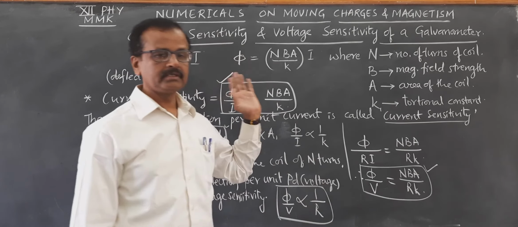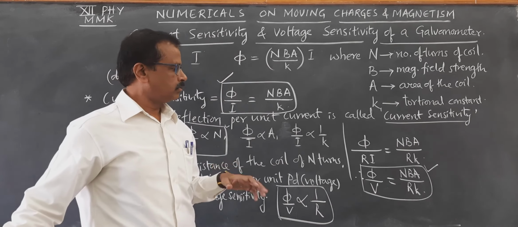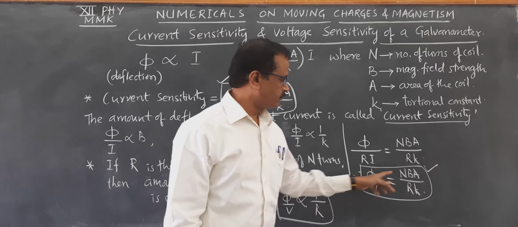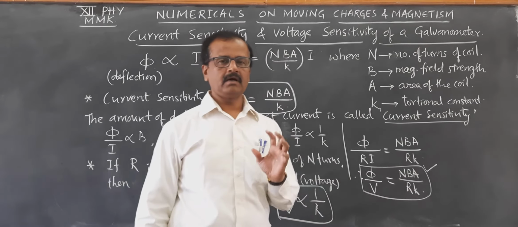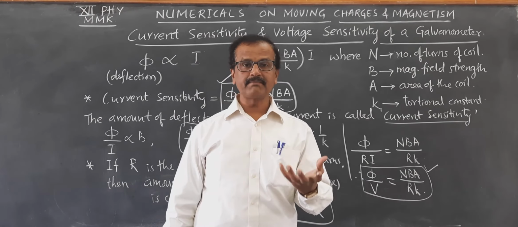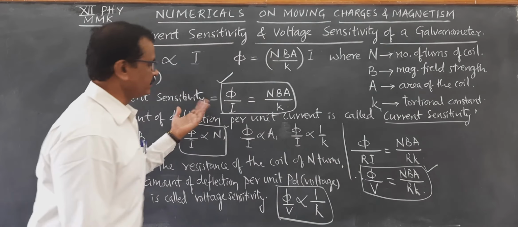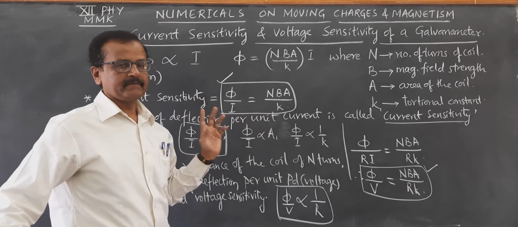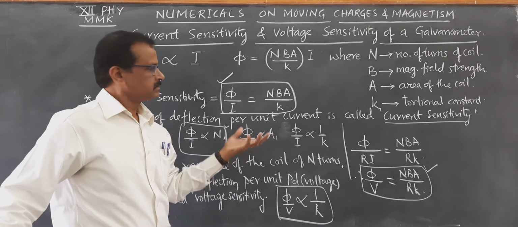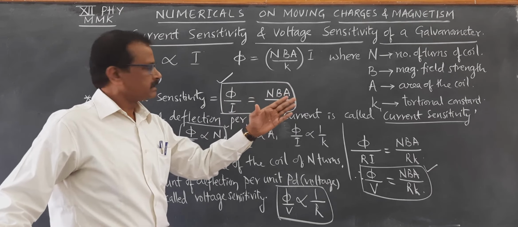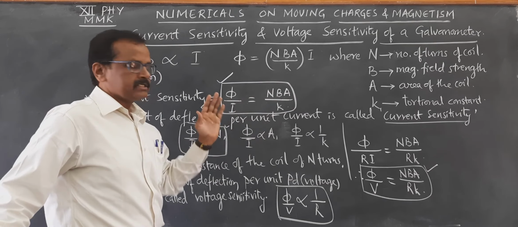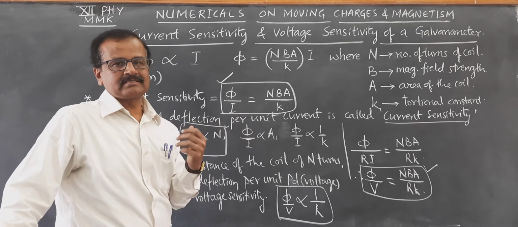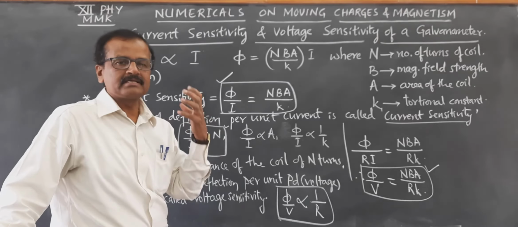So one can think, if we increase the number of turns of the coil, definitely current sensitivity increases. If the number of turns is doubled, N becomes 2N, then current sensitivity becomes twice. Current sensitivity doubles.